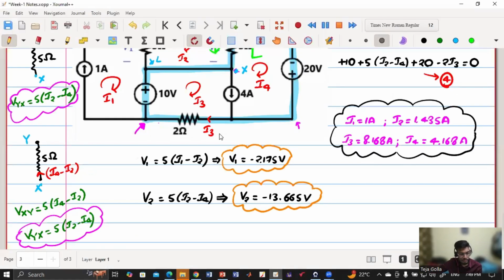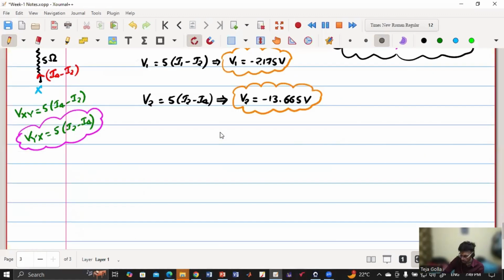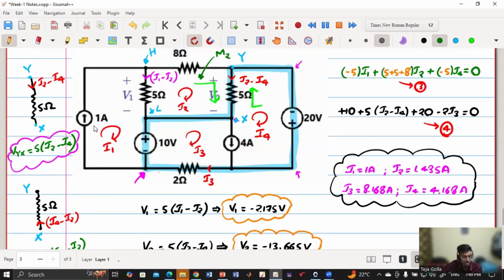So say we have a current source like this with a value of I, and the polarity across it is V. Then the power is nothing but V into I. They are asking the power delivered by this current source, so we have to get the voltage across it. Say this is plus, this is minus, and I call it voltage V1 ampere. What is V1 ampere in terms of V1 and 10 volts, can you tell?